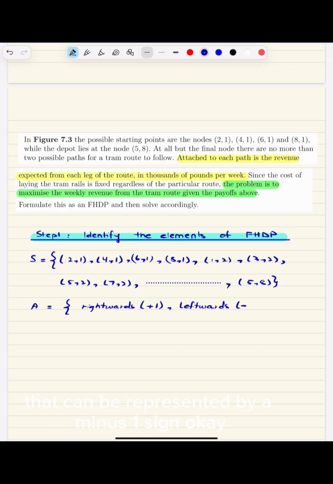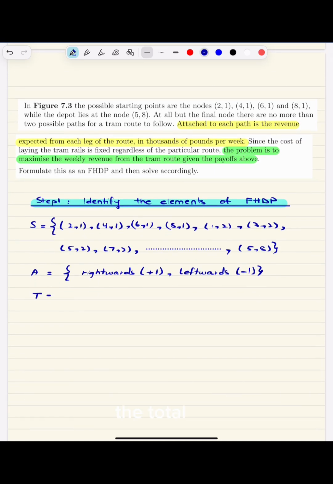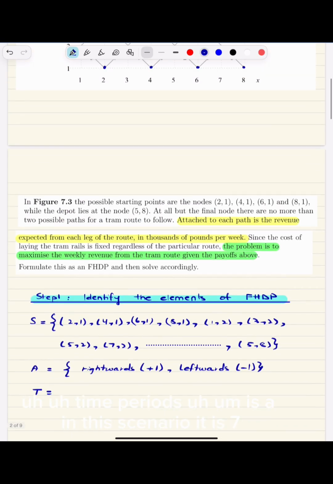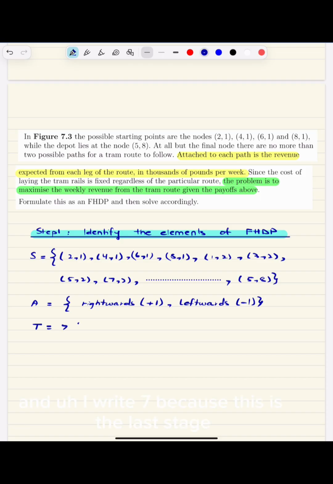That can be represented by a -1 sign. Okay, the total time periods in this scenario is 7. And I write 7 because this is the last stage, or the last moment at which we must make a decision.